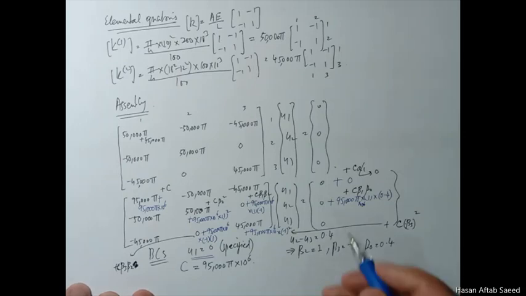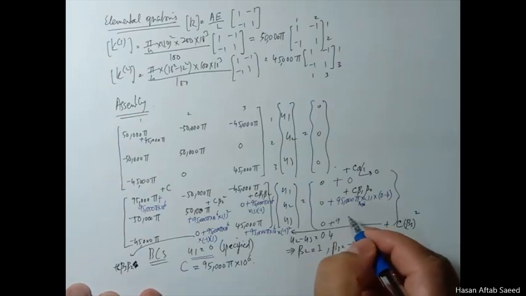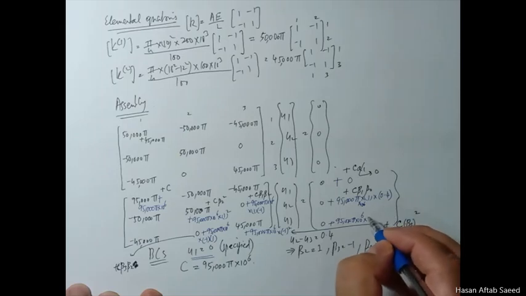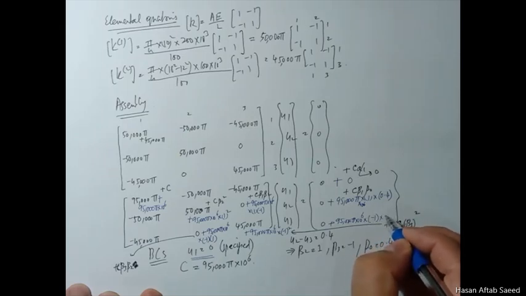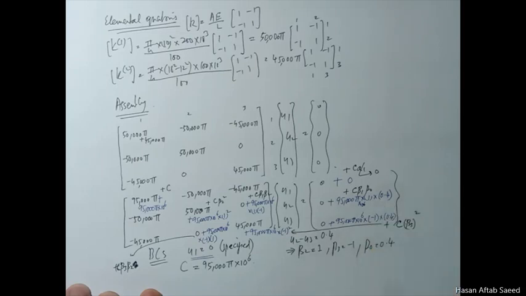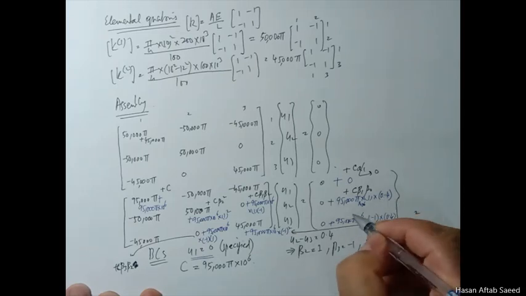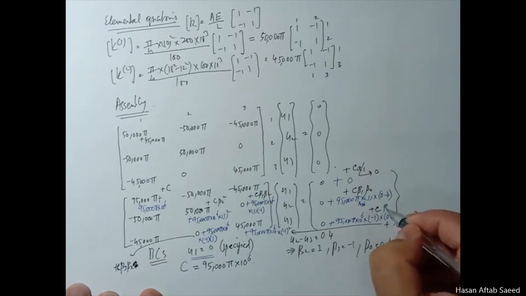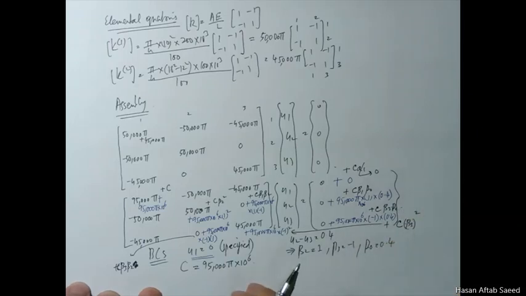And on the right hand side similarly plus 95,000 pi into 10 raised to the power 6 into, here you have minus 1 into 0.4, and that is plus c into beta 3 beta naught. These are the values that we are supposed to add whenever we want to apply the multi-point boundary condition.